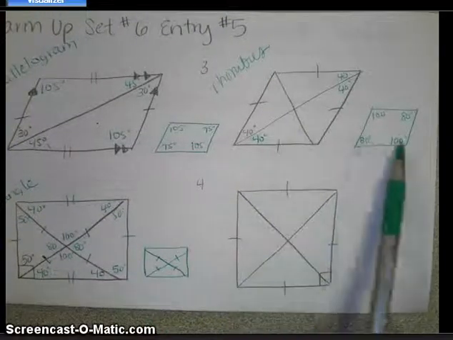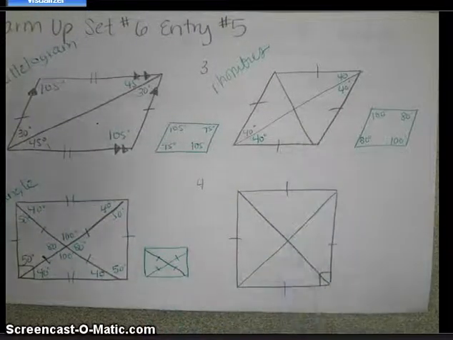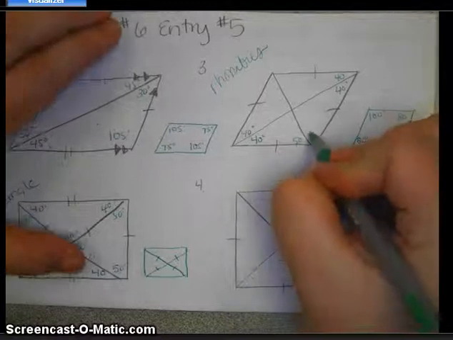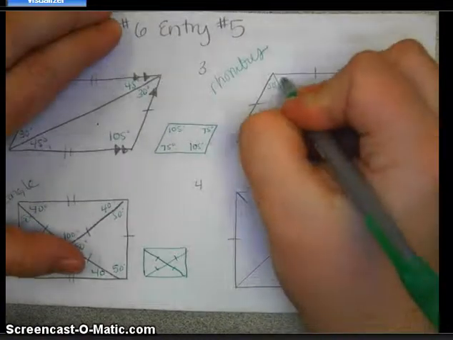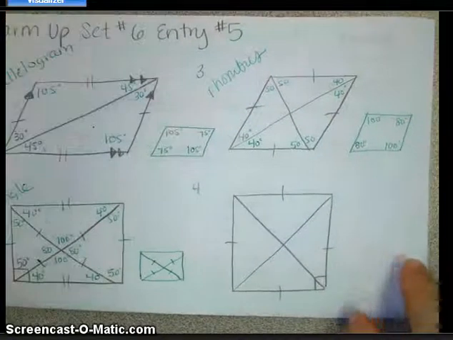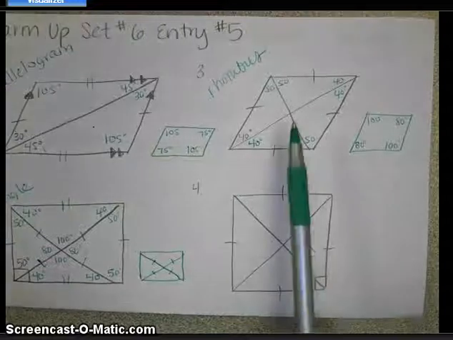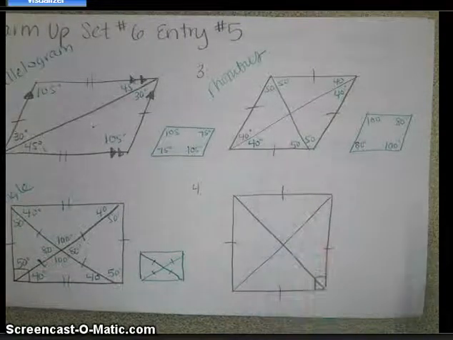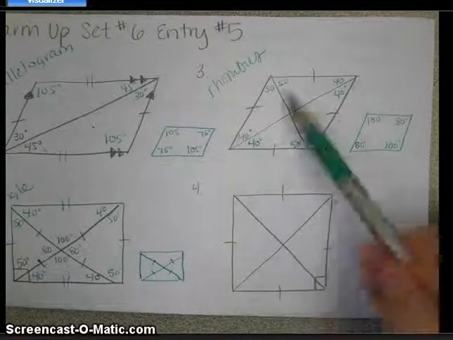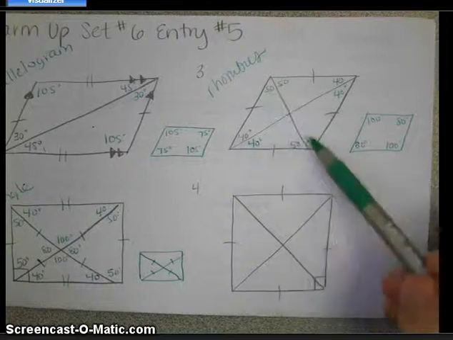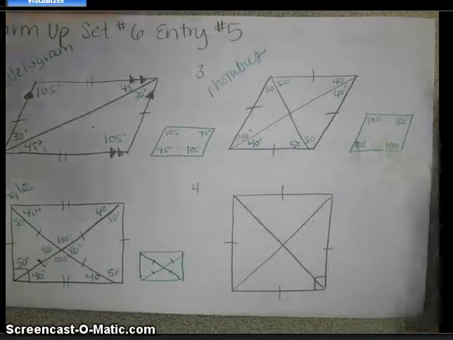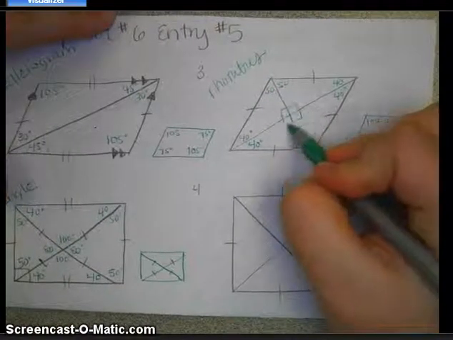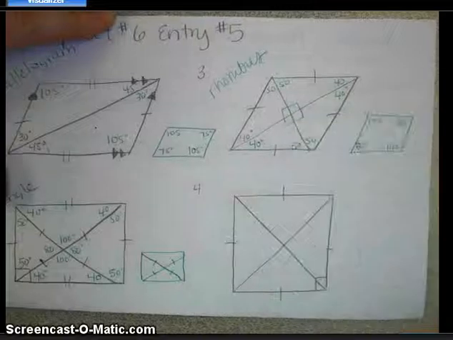So if the sum is 100, I know that each of those are 50 degrees apiece. And same for here. All right. And the other unique property to a rhombus, that again will be shared with the square, is that our diagonals not only bisect the angles and bisect each other, they're perpendicular, meaning that my central angles are all 90 degrees.